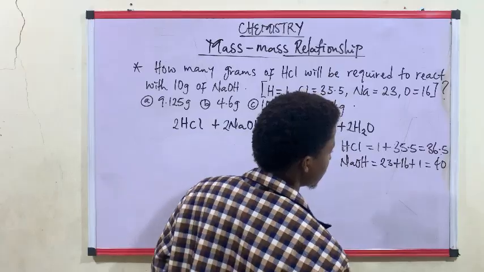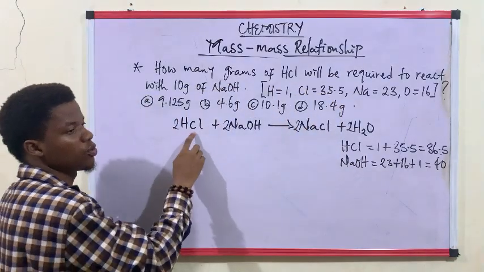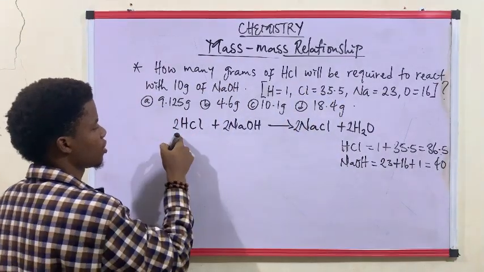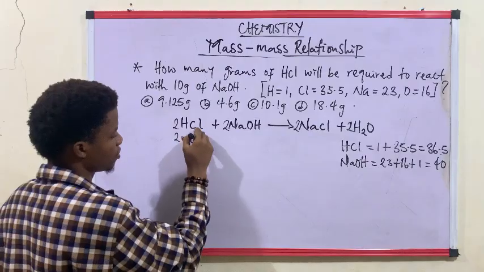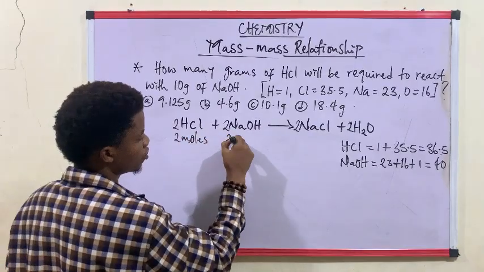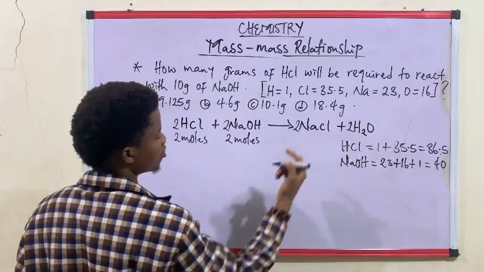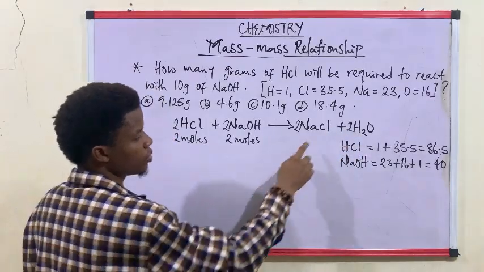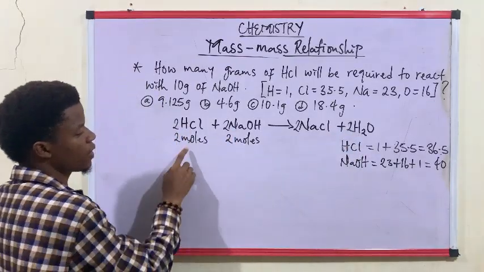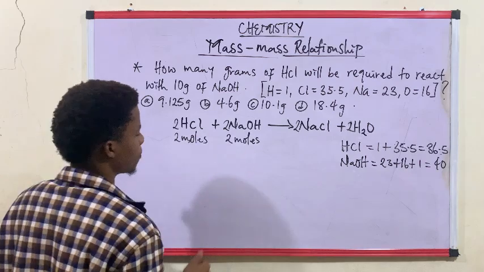Now, let's convert 2 moles of HCl because this is 2 moles. This is also 2 moles, but our concern is with these two. So now let's convert 2 moles of HCl to mass.